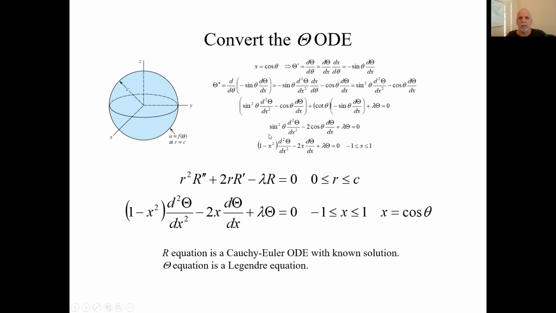It's a little tedious. And you can rewrite that equation this way. So now here are our two ordinary differential equations. This first one is a Cauchy-Euler equation with a known solution. This guy is the Legendre equation, except our x is going to be cosine theta, but we can still use the Legendre solutions.